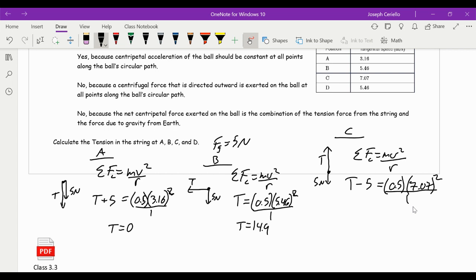So I can't really do that math in my head, but 7.07 times 7.07, that's basically 50, times 0.5 plus 5. I get that the tension here is 30 newtons.